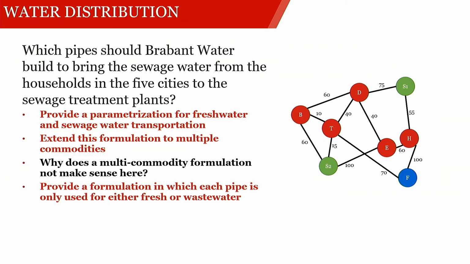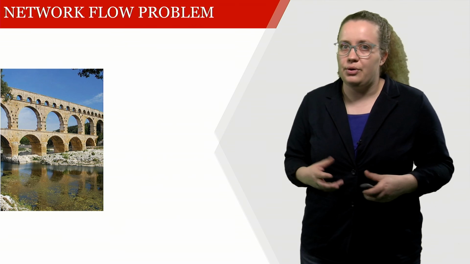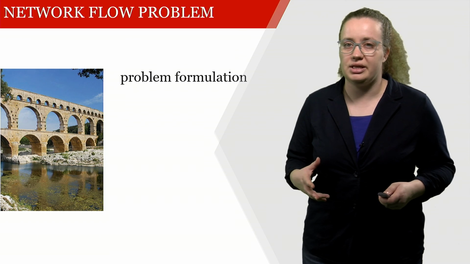Of course, it is possible to now provide a formulation in which each pipe is used for either fresh or for wastewater, which is not too much of an extension of the multi-commodity network design formulation, but it is slightly different. And from these points, what I would like you to take away about the network design problem is, first of all, the problem formulation.